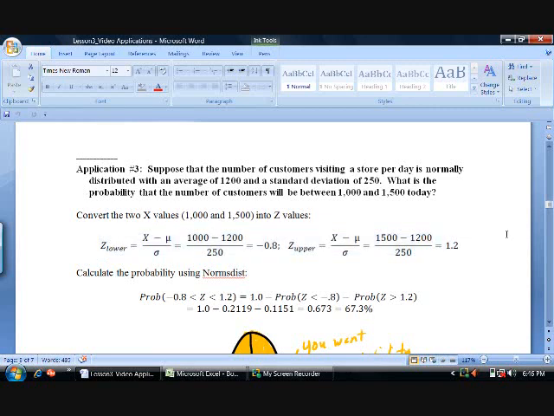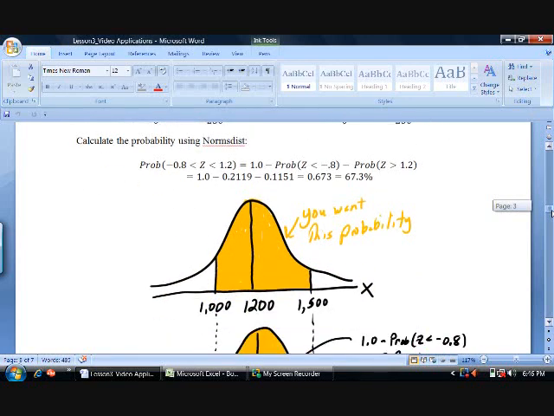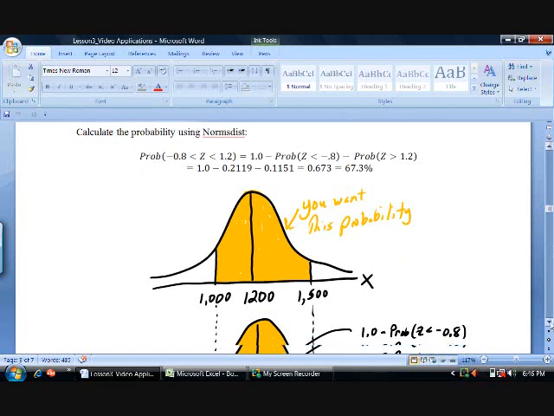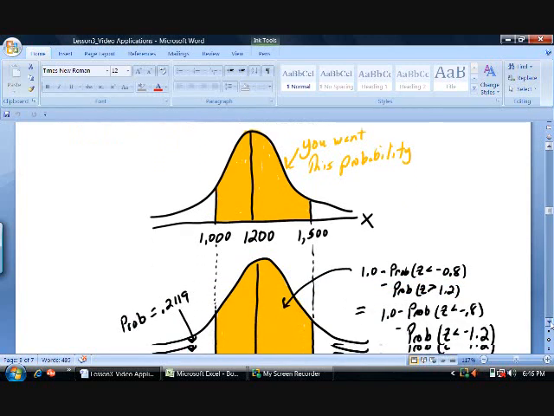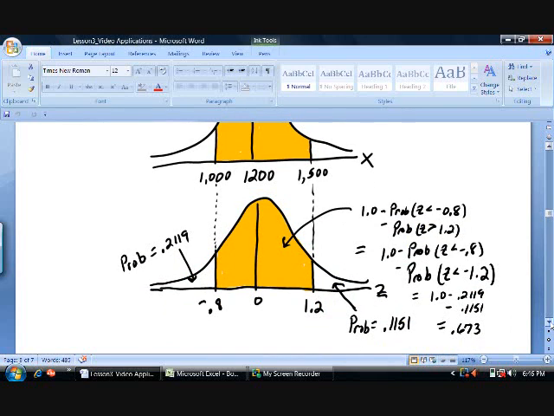Okay. Now, in terms of diagrams, we want this probability. I want the probability that my x value, centered at the mean of 1,200, is between 1,000 and 1,500. That's equivalent to going to a z-table or a z-distribution and finding the probability that we have a z between minus 0.8 and plus 1.2.